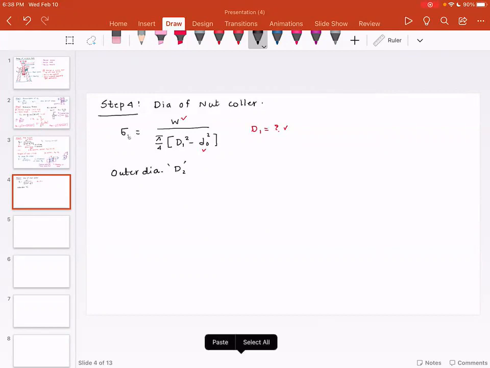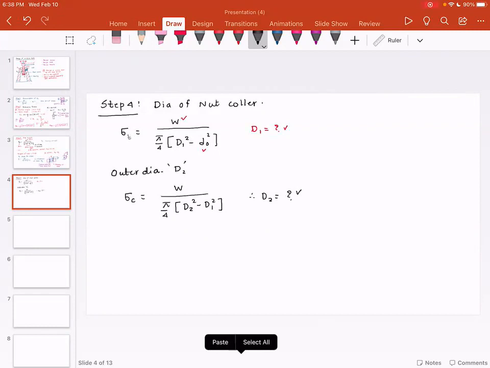So you will use sigma C is equal to W divided by pi by 4 times D2 square minus D1 square. And then from here, we can find out the value of D2.